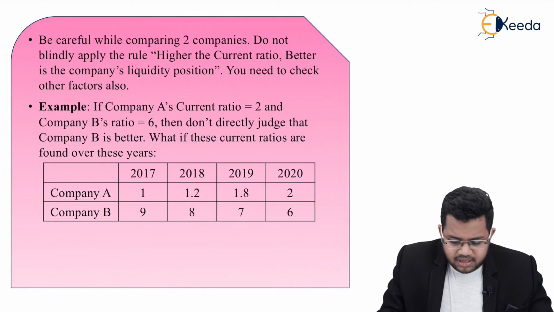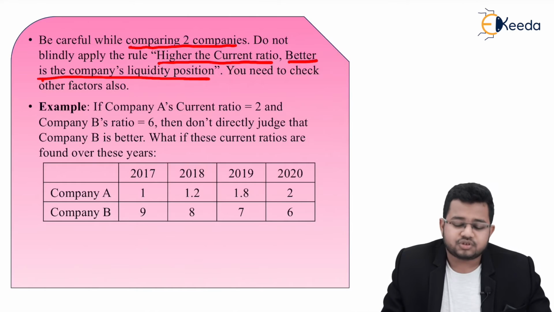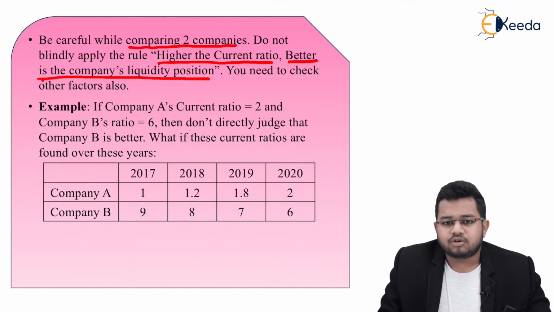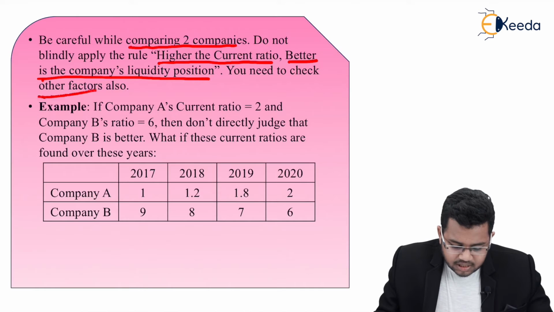There's a note, be careful while comparing two companies. Do not blindly apply the rule, higher the current ratio, better is the company's liquidity position. See, this rule is true. Higher the current ratio, better is the position. But you need to check other factors also, which I have covered in this example.